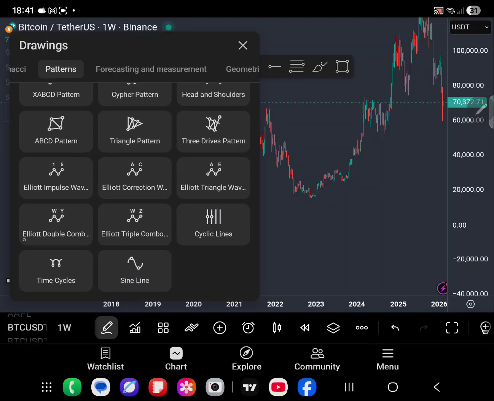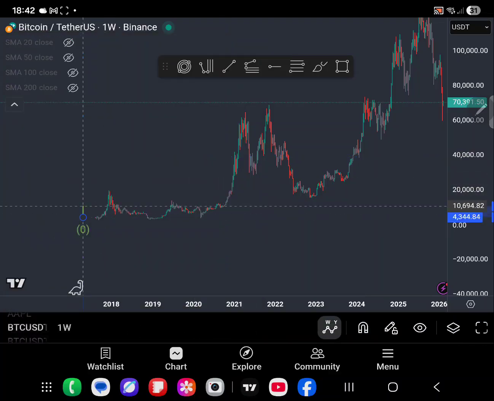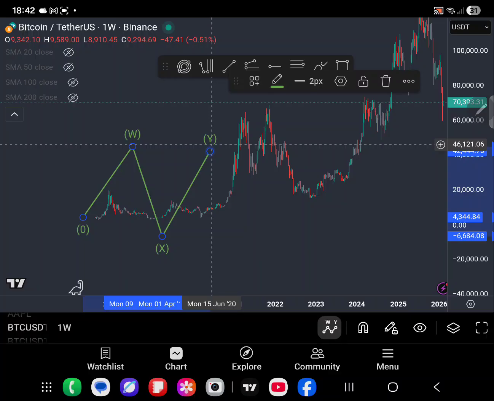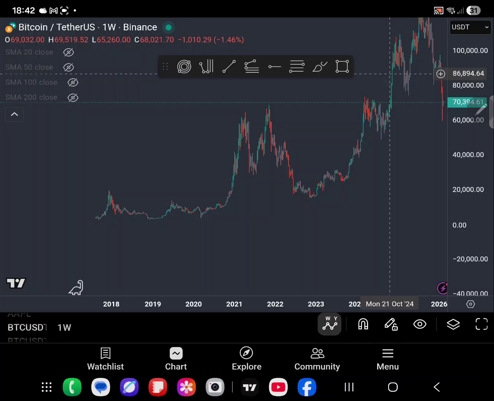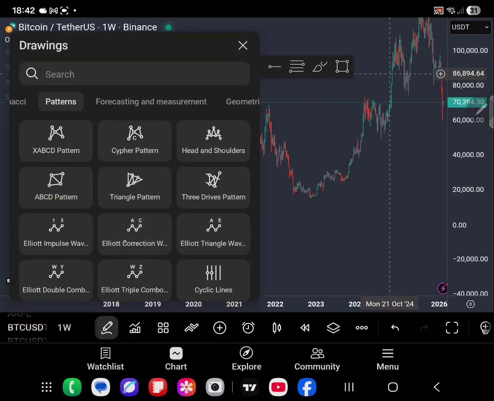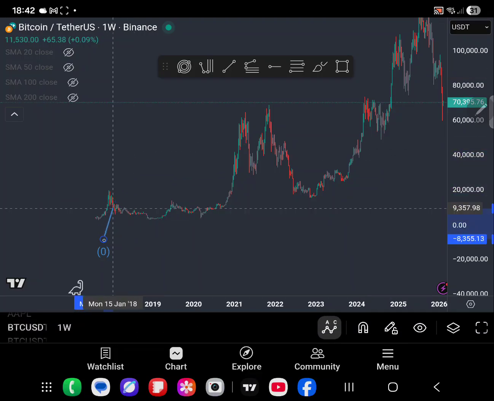We've got Elliott double, WXY. All right, so WXY. I'm not sure what that's supposed to be. I think it's just a different label basically, like an ABC, so that's the starting point.